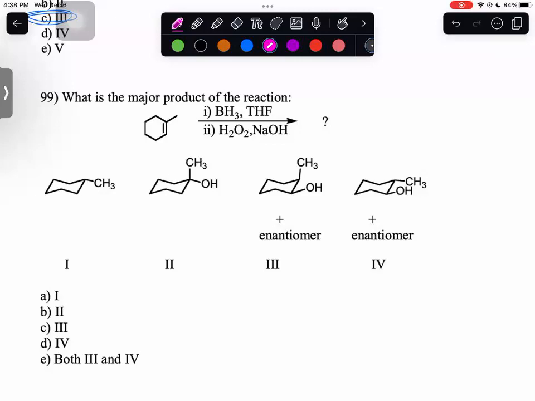It's your hydroboration oxidation. What were the rules for that reaction? Anti-Markovnikov and syn addition. Great job, Kayla.